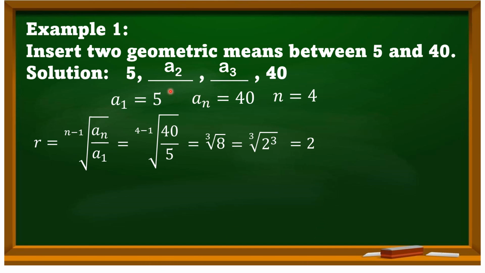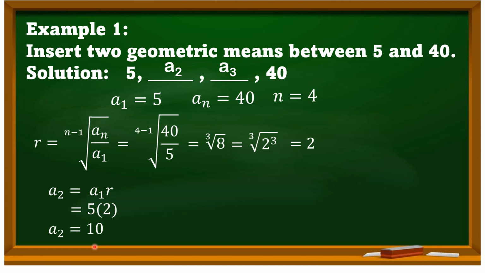Next, we solve for the value of a sub 2, the second term, wherein the formula is a sub 2 equals a sub 1 times r. We substitute the value of a sub 1, which is 5, and r is 2. So we have 5 times 2, which is equal to 10. So the second term is 10.